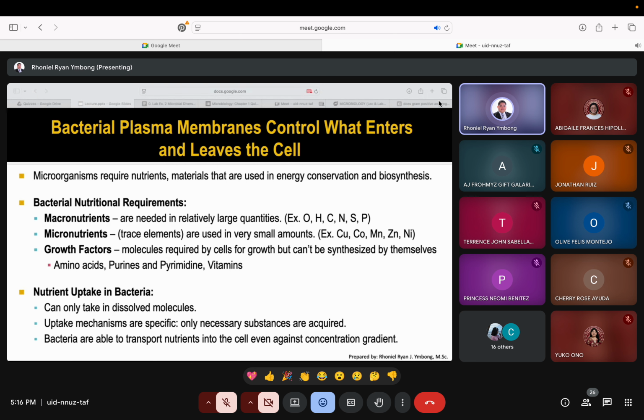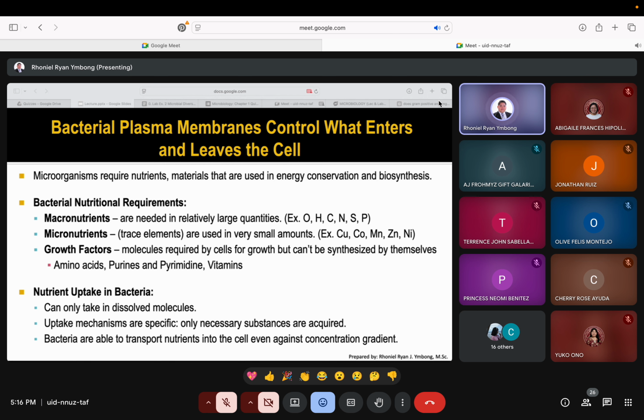And these molecules that your bacteria were not able to synthesize or manufacture are what we call the growth factors. And they must be obtained, no, by the bacteria from their environment. So, kailangan din niya kuhaon, i-acquire, and i-assimilate from their respective surroundings.